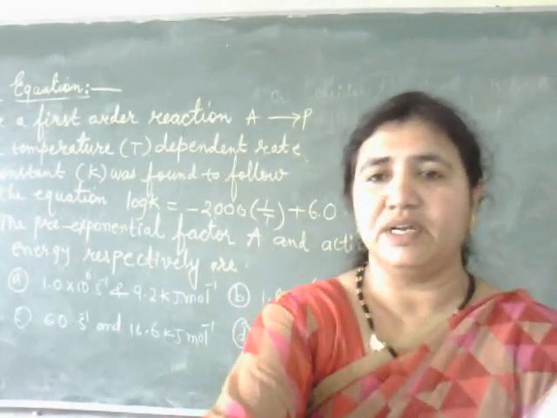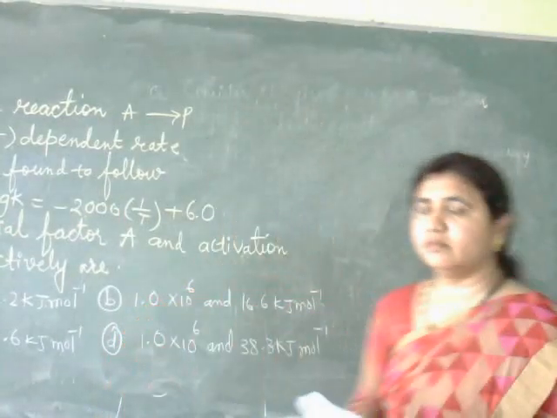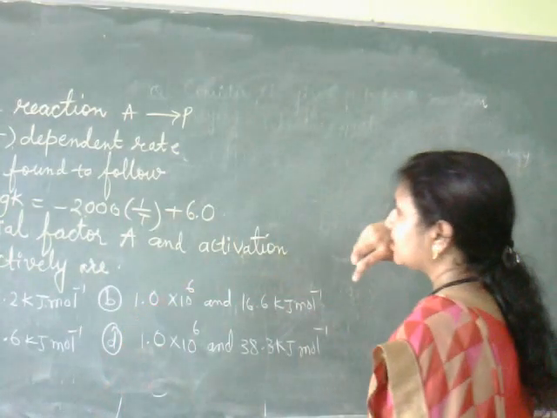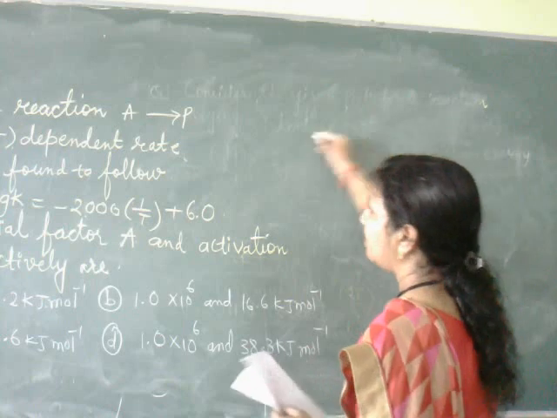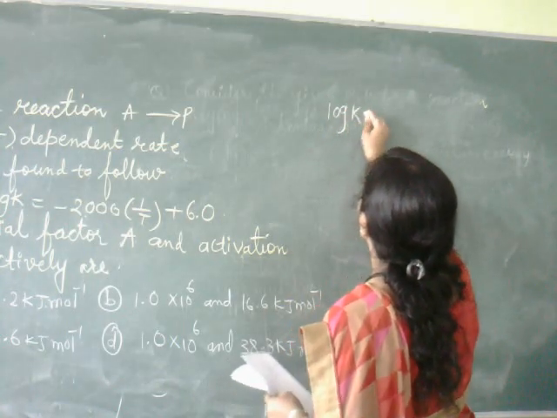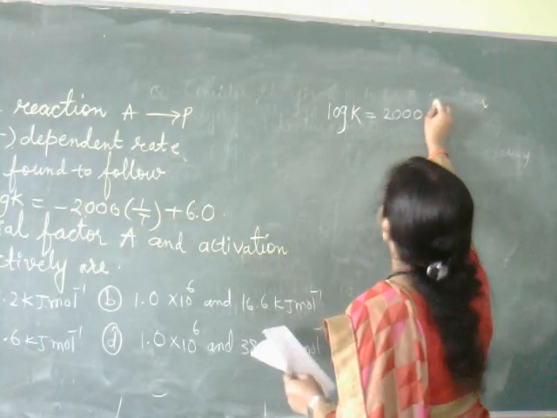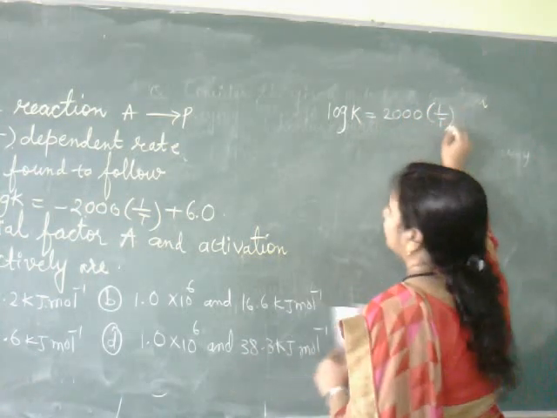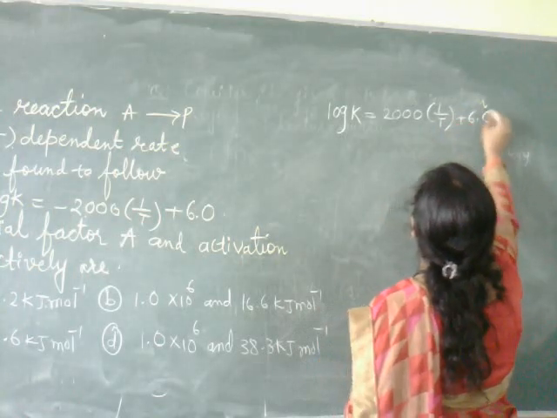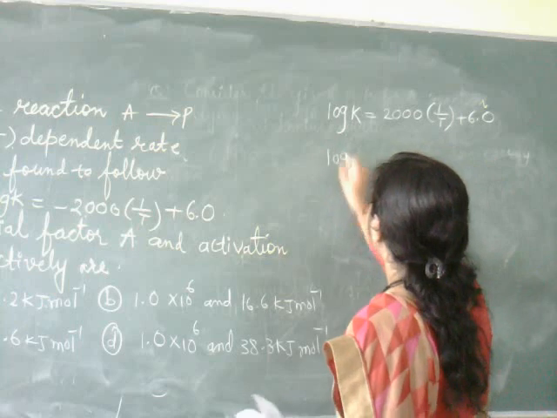How to solve this one? See here. What has given here? Log K is equal to minus 2000 1 by T plus 6.0. Our equation is there. What is that equation?